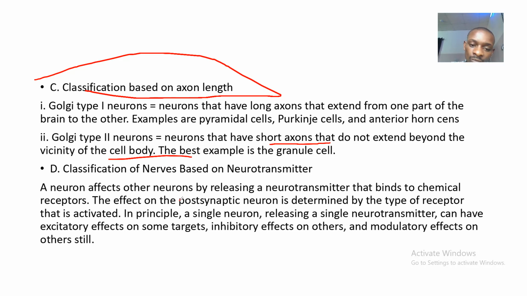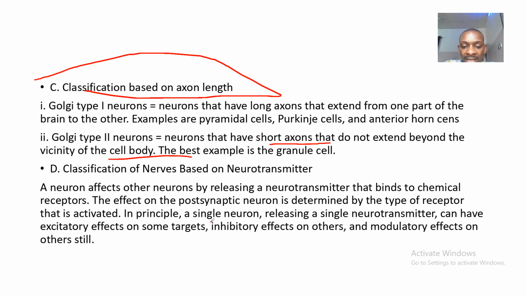Okay. Then there's also classification of neurons based on neurotransmitter. I would say that a neuron affects other neurons by releasing a neurotransmitter that binds to chemical receptors. Now, the effect on the postsynaptic neuron is determined by the type of receptor that is activated. Either it is inhibitory or it is excitatory.